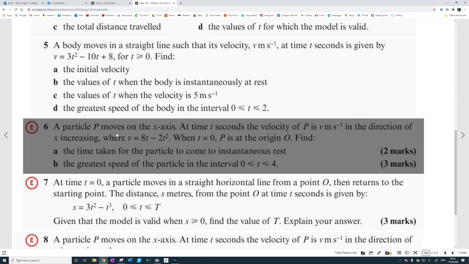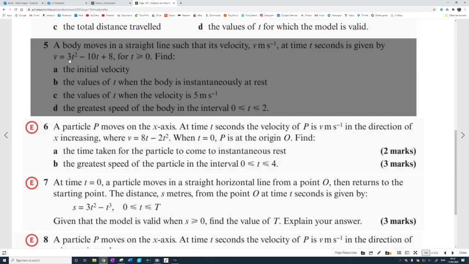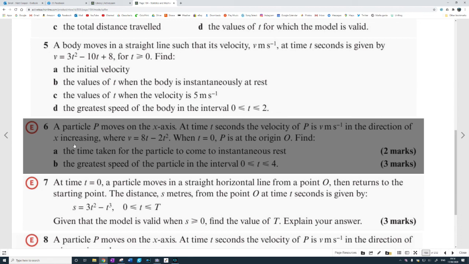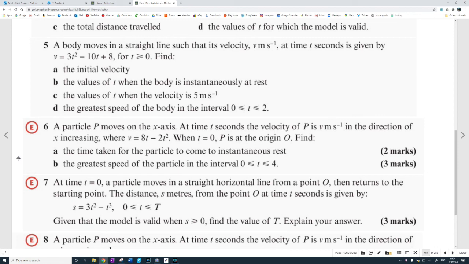I will make one comment. Question 5, the formula is 3t squared, so I know that that is a happy parabola, so that's like the one we've just done. Question 6 is far more realistic because we've got an unhappy quadratic, so I know that's going to be an upside down parabola, and that's what we expect because when things are fired, they move in that projectile motion, don't they?